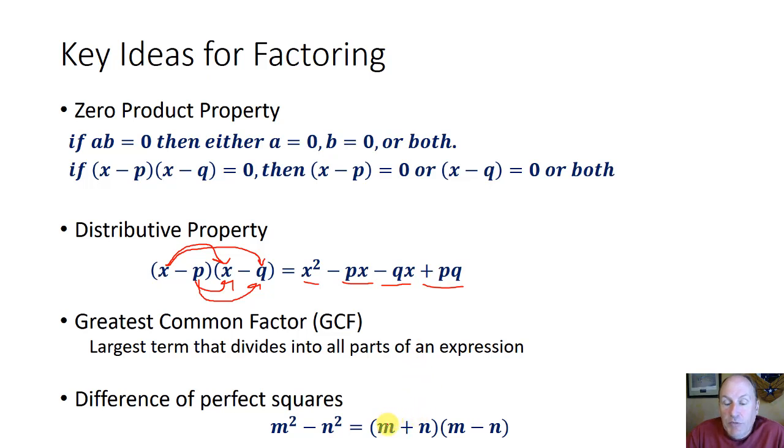Because what happens if I were to distribute this, m times m is m squared, m times negative n is negative mn, but then I have an n times m, which cancels out the m times negative n, because negative mn plus mn is equal to 0. And then finally, if I distribute the n to the minus n, I get negative n squared.